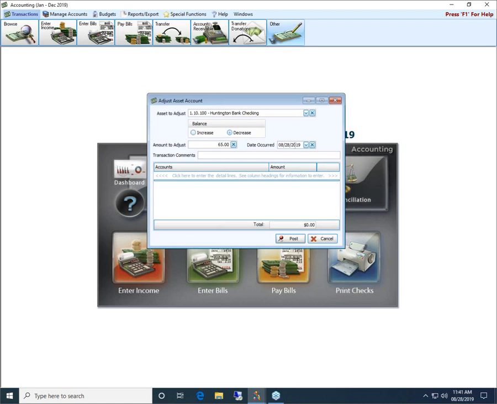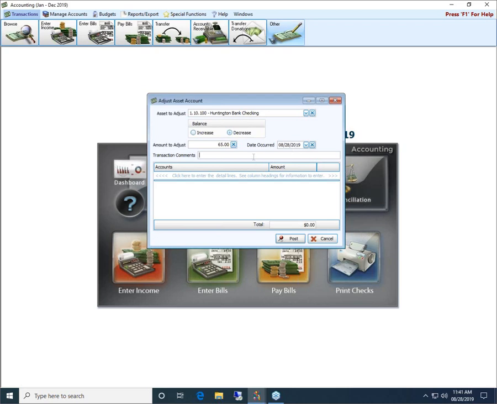Again, I would choose the date that the transaction, the withdrawal, actually appears on my bank statement or on my bank account. So again, I would need to go into the bank account or log on to the account or look on my bank statement and see what date that shows as a withdrawal.